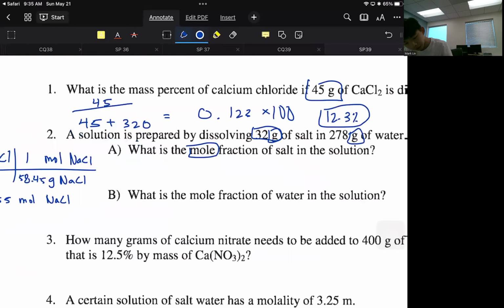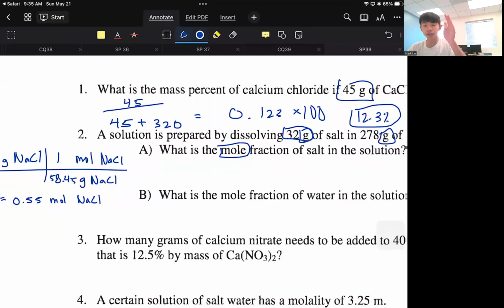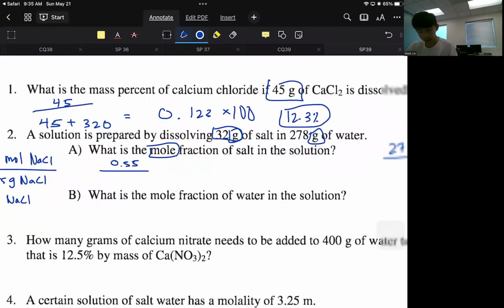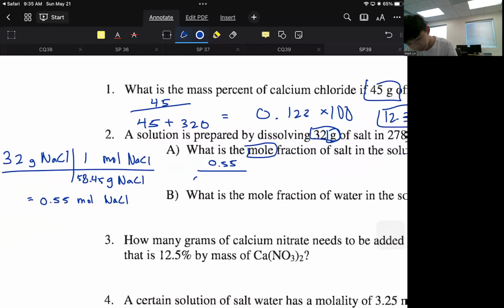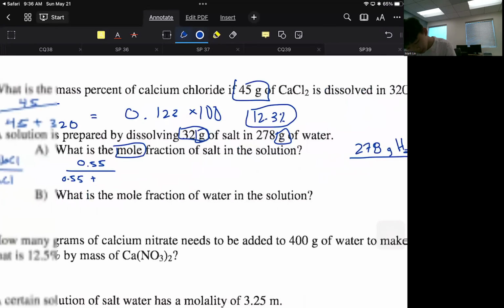All right, so the mole fraction of salt. We're going to focus on salt, so the thing we're focusing on goes on the top, 0.55, divided by the moles of solute plus moles of solvent. So it's everything combined, 0.55 plus 15.43.